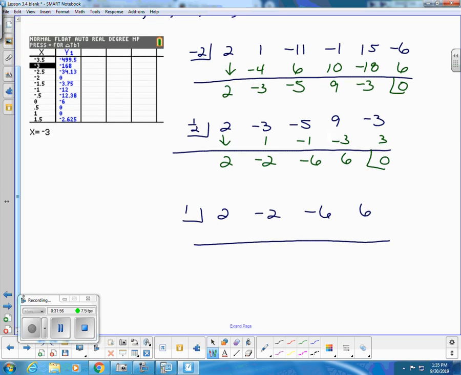Oh, I divided by 1/2. How do I have to change these coefficients? Divide those numbers by 2. So this is going to be a 1, negative 1.